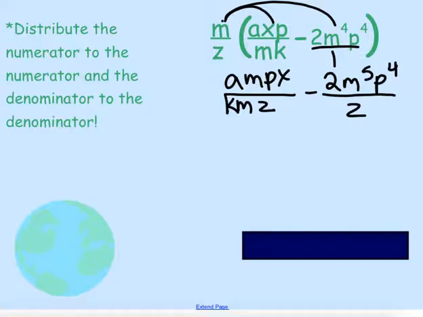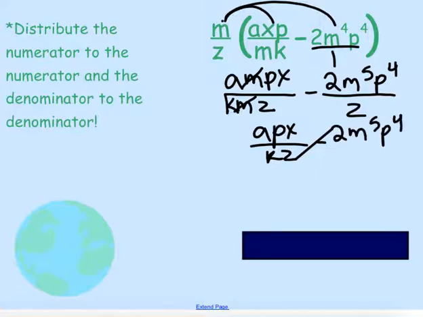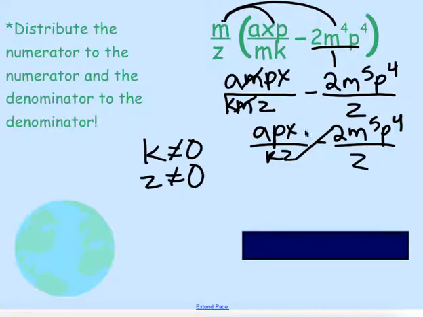And I'm going to see if there's anything I can simplify, and I can, especially in this first term. We can simplify the m's, and it looks like that's it. So we have a p x over k z minus 2m to the fifth p to the fourth over z. And so we have 2 variables that we have to have restrictions, so we say k cannot equal 0 and z cannot equal 0. These are part of our answer to say both the simplified version and our restrictions.